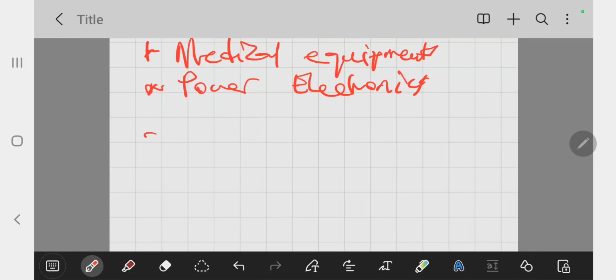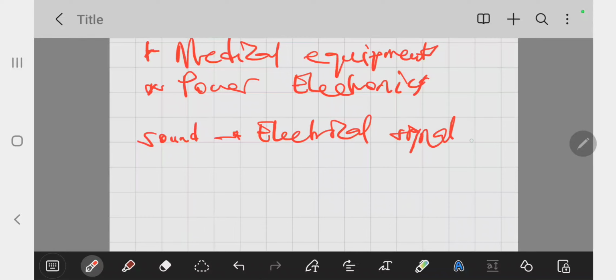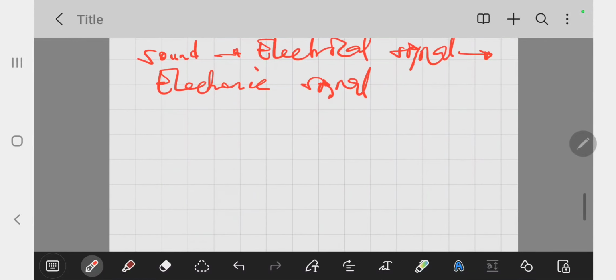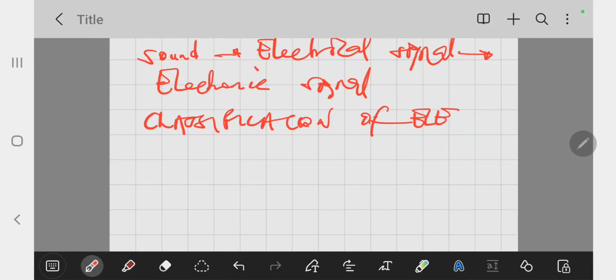So the schematic is like this: sound is converted to an electrical signal, then that electrical signal is converted to an electronic signal. So let's look at the classification of electrical signals.